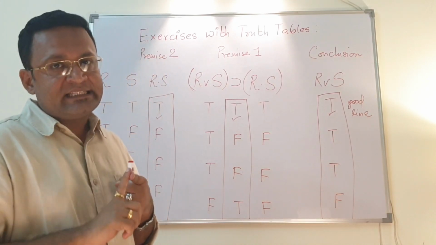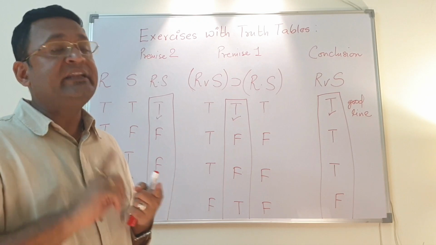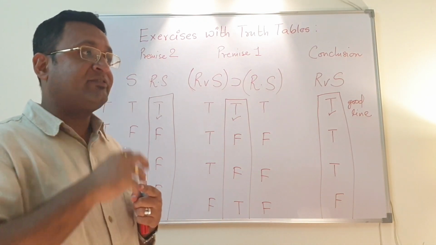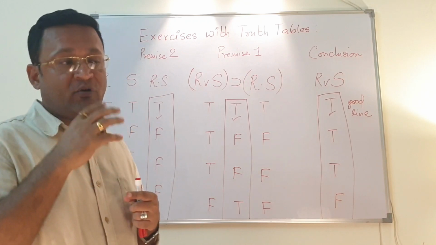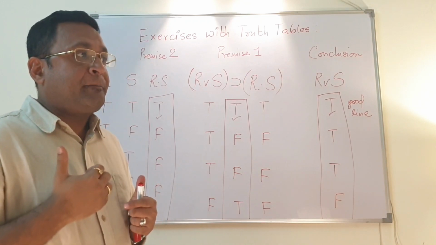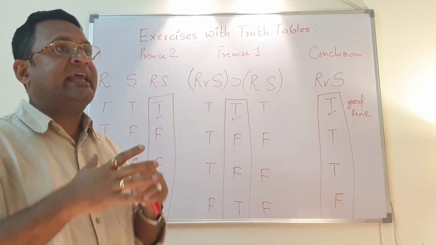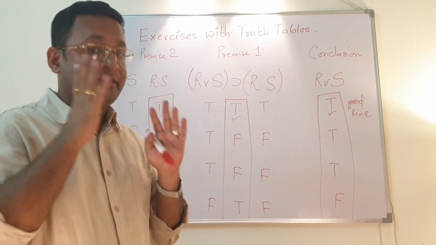A substitution instance of an invalid argument form can have a valid argument form, or you can have a substitution instance which can make an invalid argument valid.